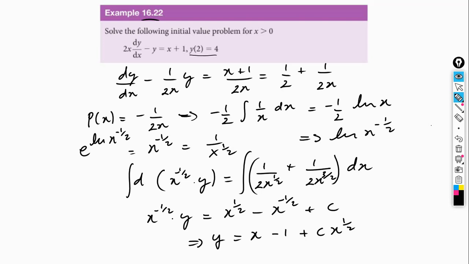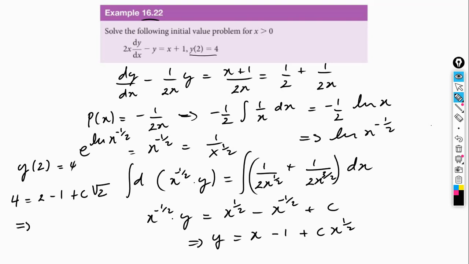But because we have an initial value, we know that y of 2 is equal to 4. We can substitute that into the equation, and we have that 4 is equal to 2 minus 1 plus c times the square root of 2.